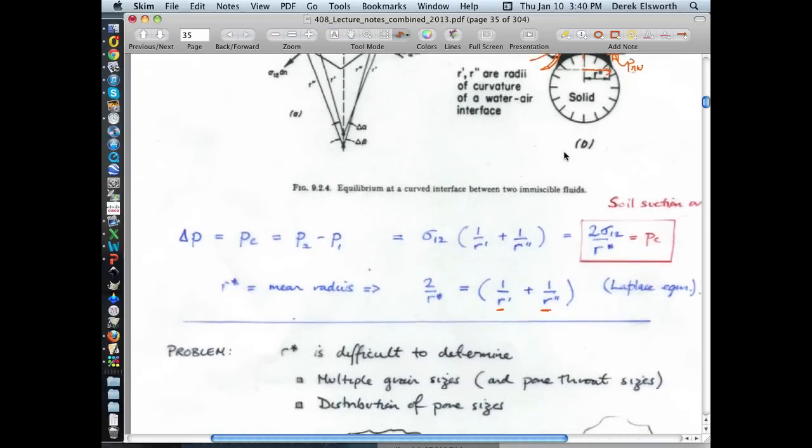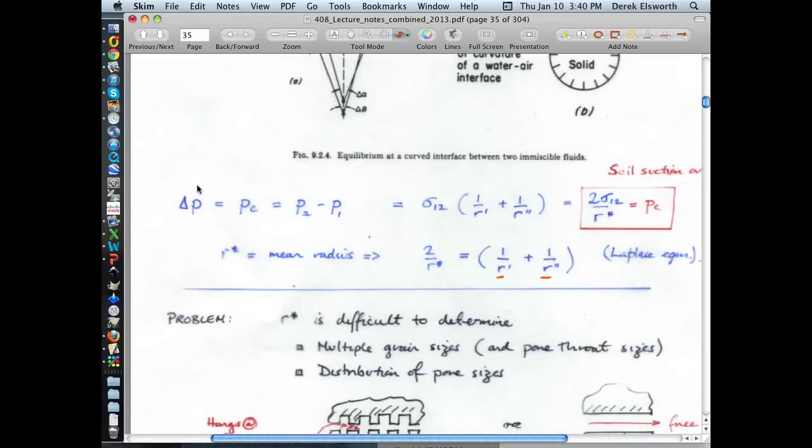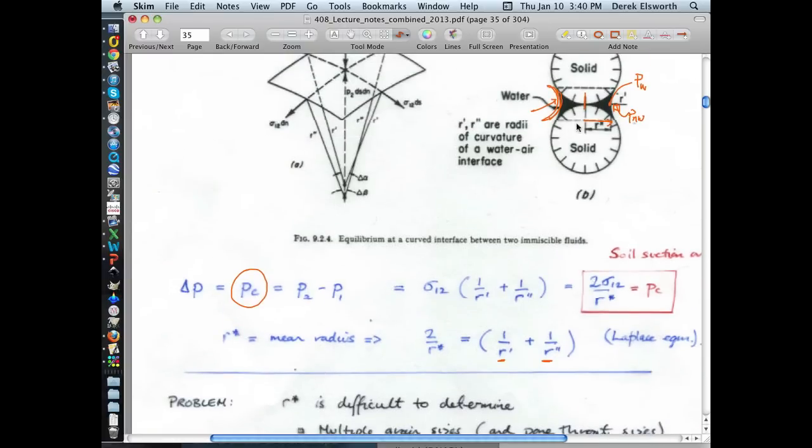And you end up with basically the same expression as before, and that is the capillary pressure that you have to apply. Well, the capillary pressure, which is the difference between the pressure in the air and the water on this boundary, is given by a very similar expression where instead of this being the diameter or the radius before, it's the sum of 1 over the 2 radii. So it's very similar.